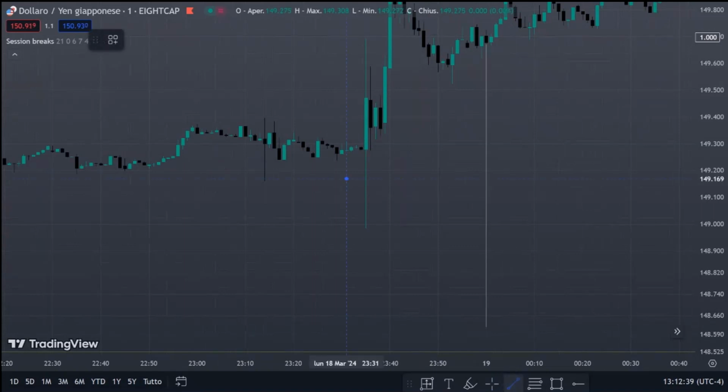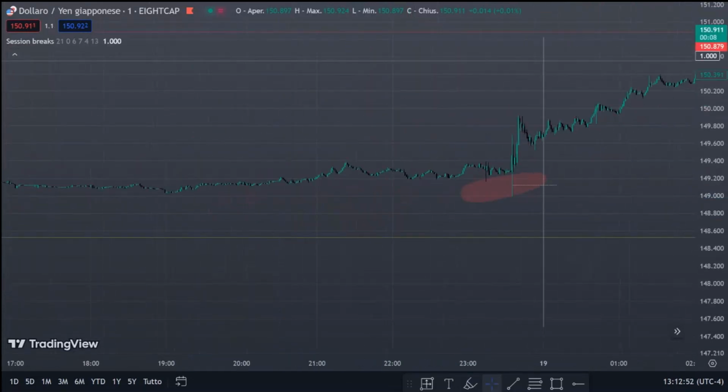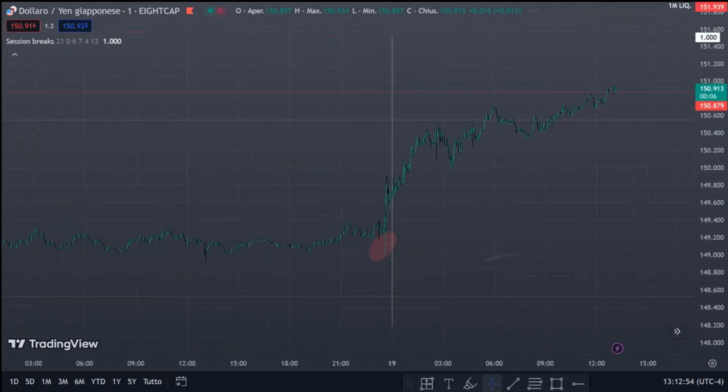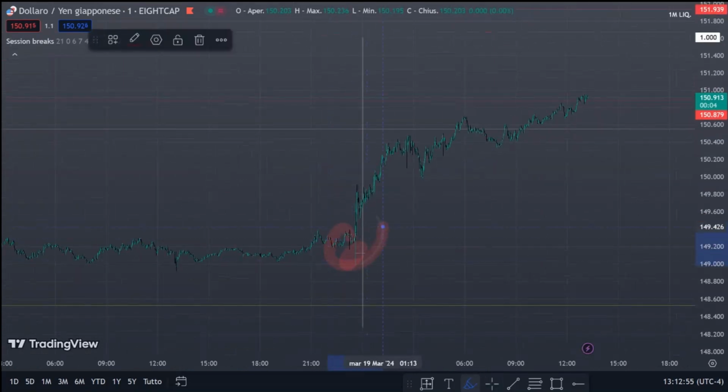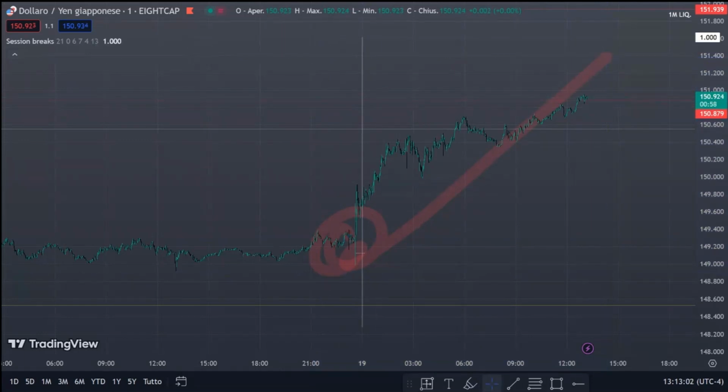I don't remember right now, but it was 35. So this was the news. What happened here? We took this sell side liquidity, and the expansion was totally up. Look at that. Today's expansion is totally up, which was led by this news.